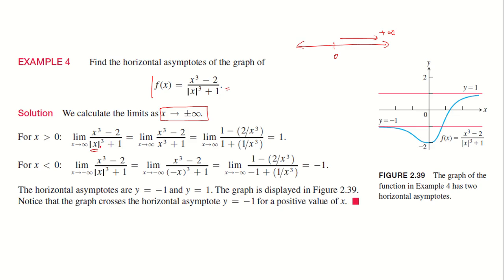Since x is positive, modulus of x cube will be positive, right? Then we find the limit, and we have here 1, so we can say y equals 1 is one of the horizontal asymptotes.